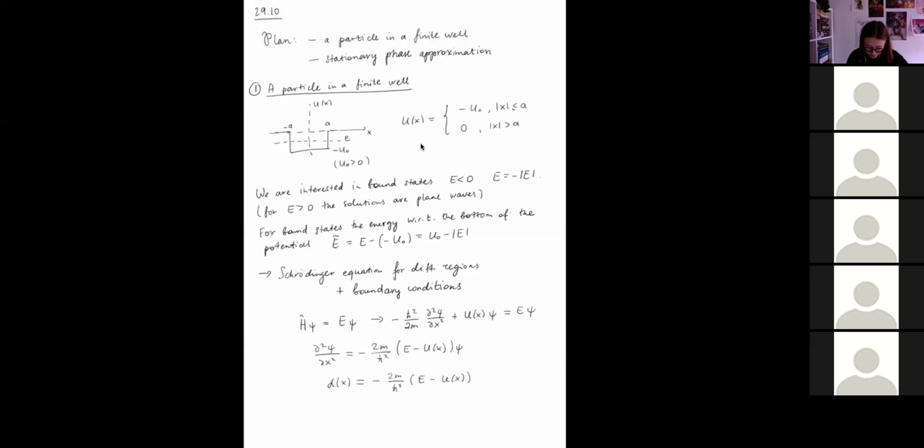And let us analyze what the sign of alpha is in different regions. For this particular potential, we only have two distinct regions. The first region is when modulus x is bigger than a.